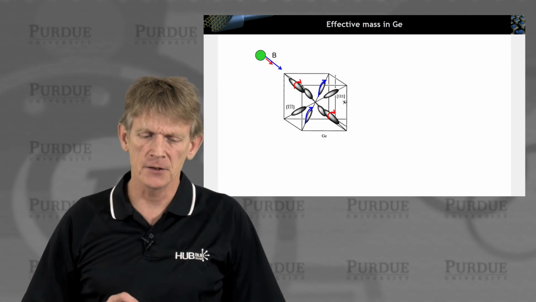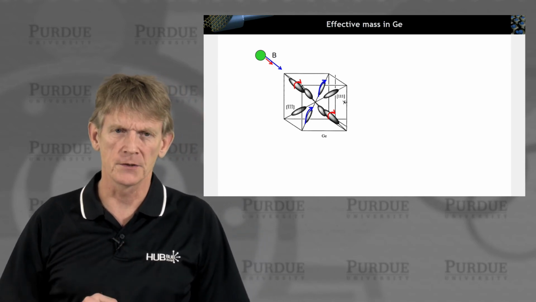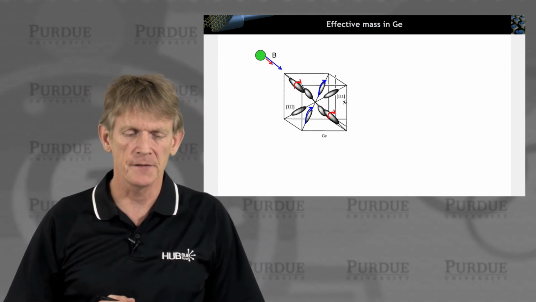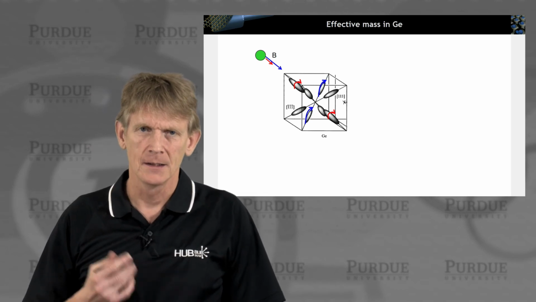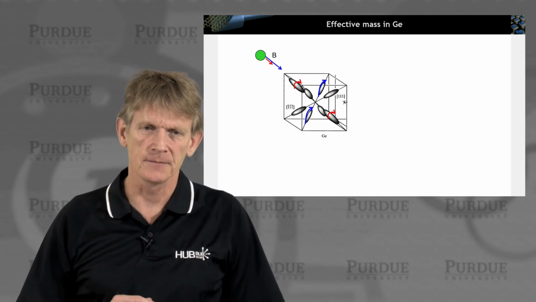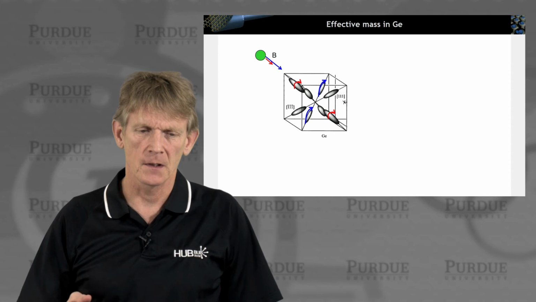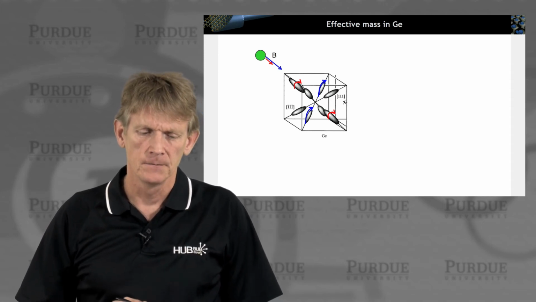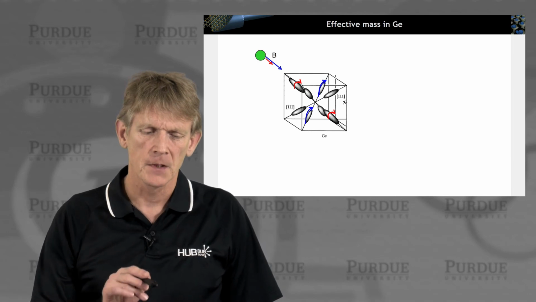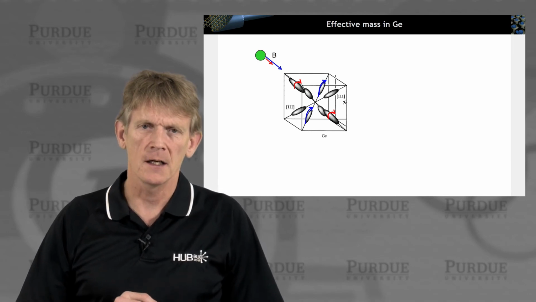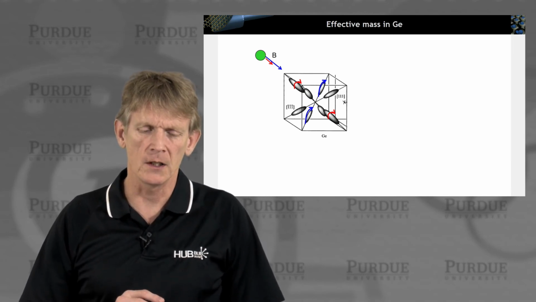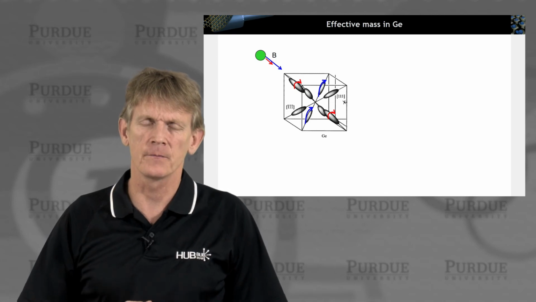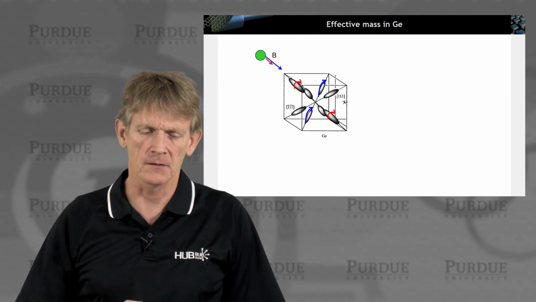And if you imagine you shine light on this material, magnetic field radiation, now you apply a magnetic field and you let an RF current flow through the structure in a certain direction, you will ultimately have the electrons move around these equi-energy surfaces with the magnetic field.